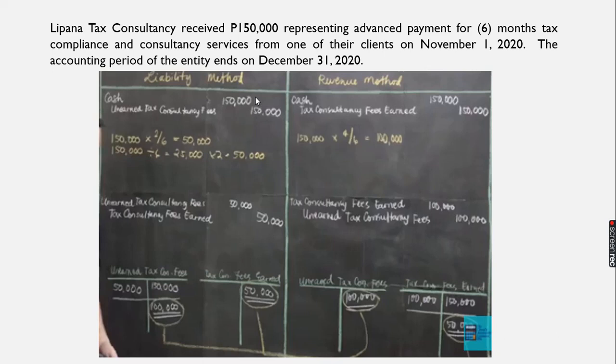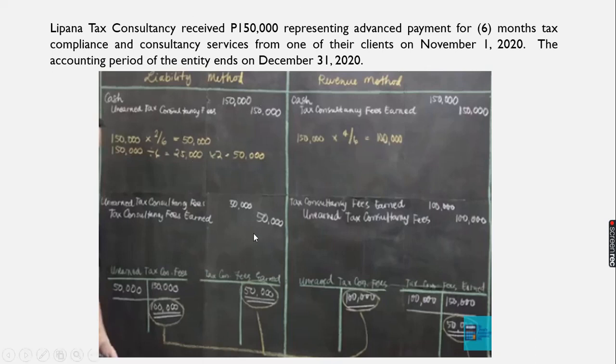So, 150 divided by 6 months. Makukuha natin 25,000. And, syempre, at the end of the year or December 31, 2020, nagsimula siya November 1, 2020. Tama? And 2 months. May 2 months ka na-earn mo na. Okay? Times 2. So, makukuha natin ang na-earn mo na revenue is 50,000.